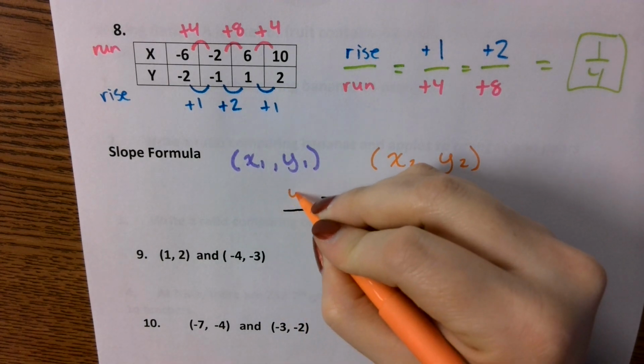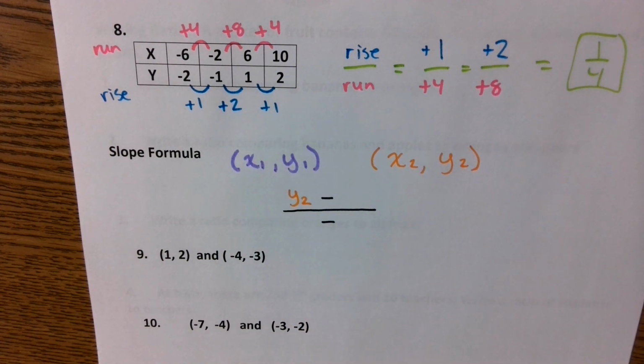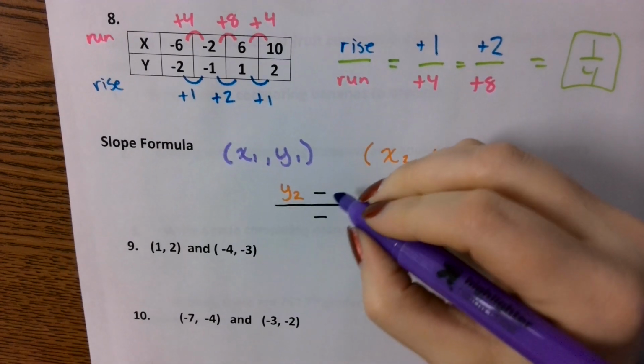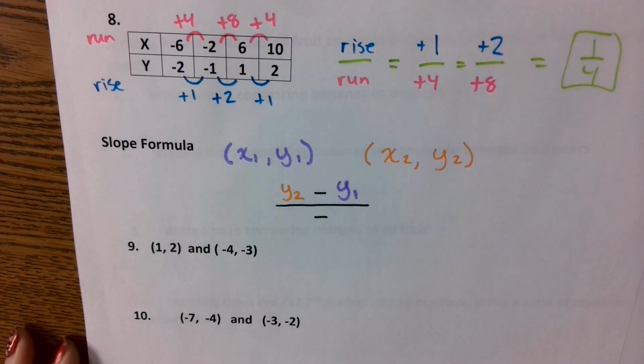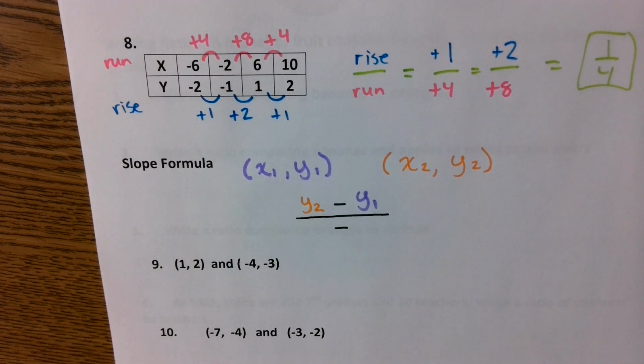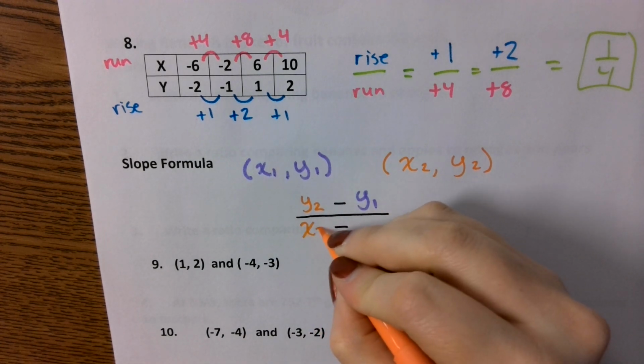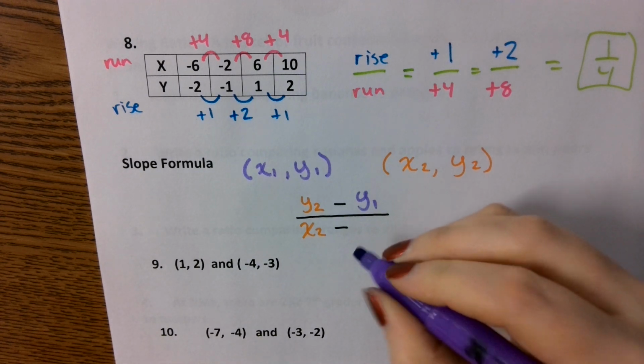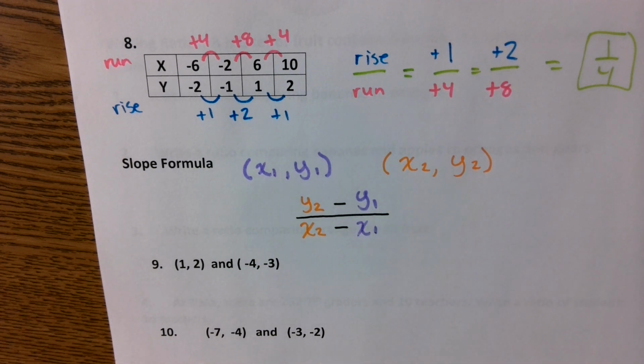We always say that we take the second point of y and subtract the first point for y. So we do y2 minus y1. For the denominator, it's our change of x's, right? So it's our x2 minus our x1. Okay, and then we just simplify if need be.